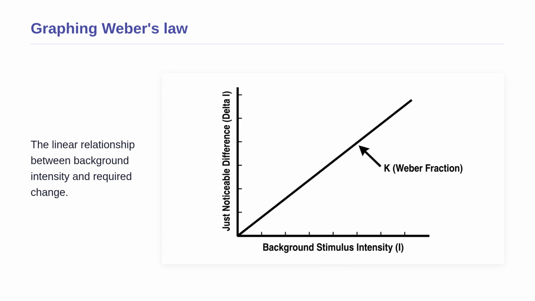The slope of this line is constant, and it represents the Weber fraction, K. This diagram beautifully illustrates that as the background intensity moves further to the right, the required change to notice a difference moves proportionally higher. It is a perfect visual summary of how our nervous system scales perception to avoid being overwhelmed.